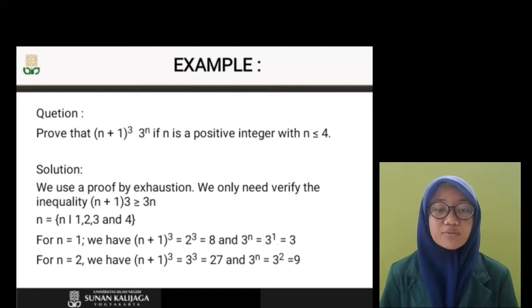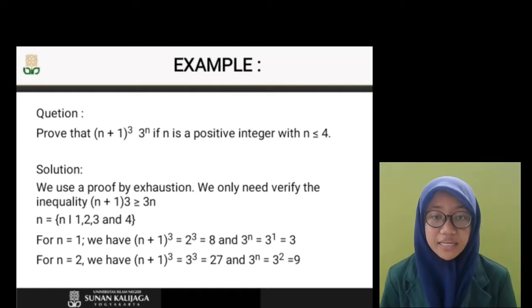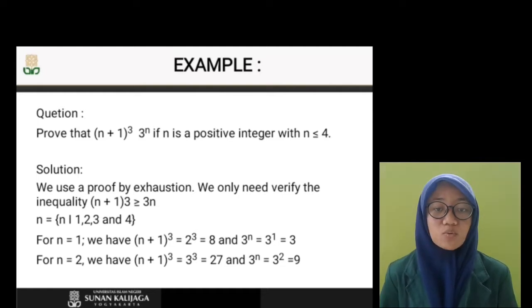For n equals 1, we have (n+1)^3 equals 2^3 equals 8 and 3^n equals 3^1 equals 3.